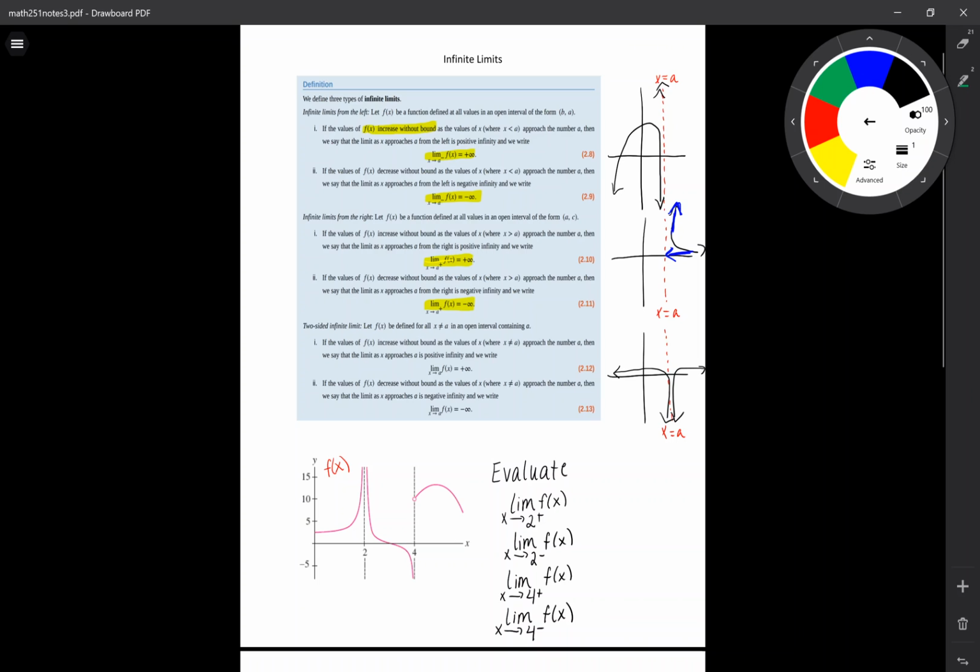The most important thing, or one of the most important things to remember when we are dealing with infinite limits, is that any kind of infinite limit, left, right, positive, negative, two-sided, whatever, regardless, we say that this limit does not exist. So let's write that down. When we have an infinite limit, the limit does not exist.